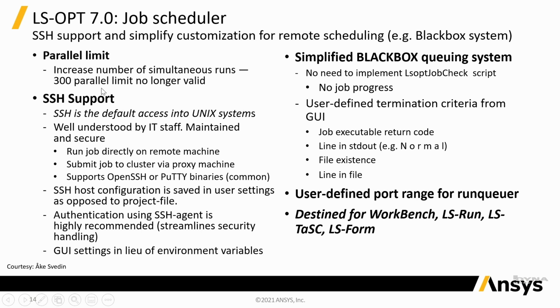That was kind of a system limitation. So we just eliminated that problem. And then we also provide SSH support now. And so this is something which is well understood by the IT staff typically, and I think used quite often.